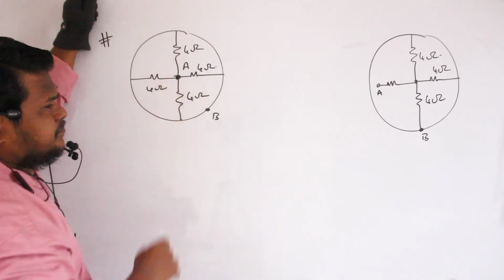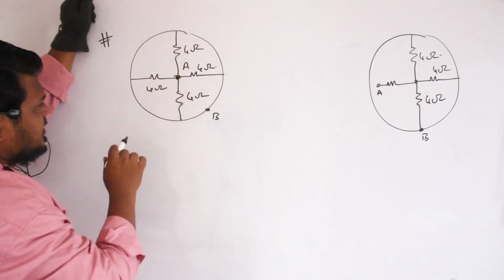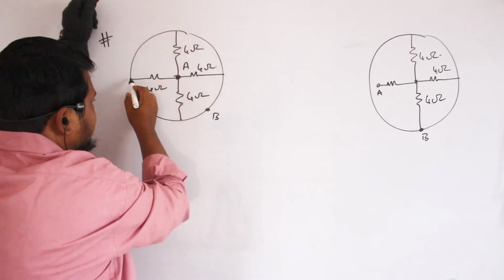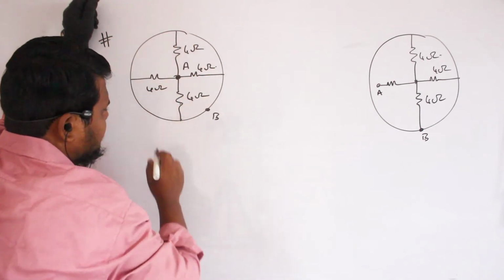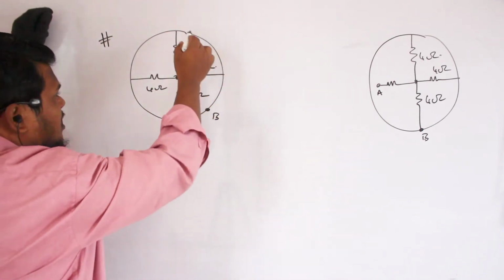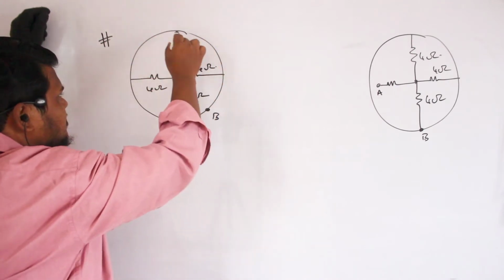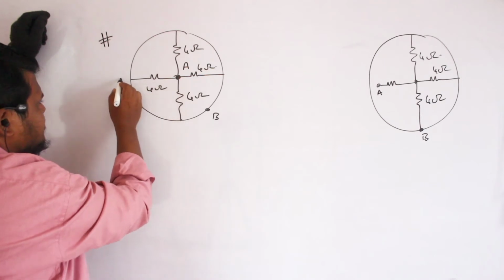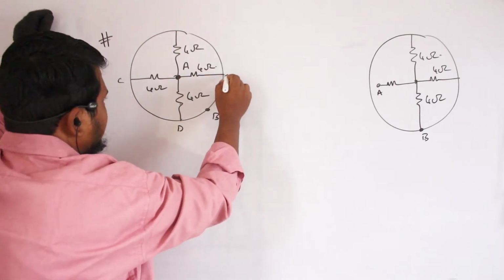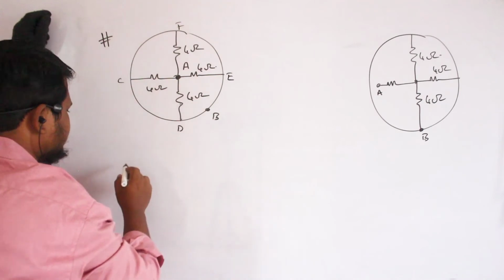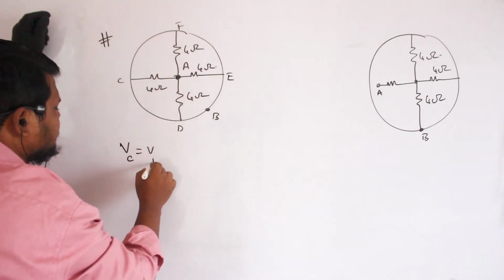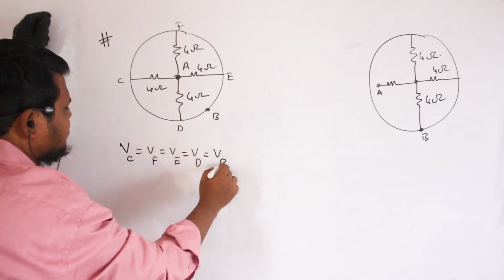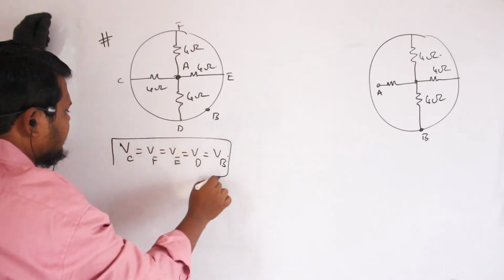If I name these C, D, E, and F, can I say potential at C equals potential at F equals potential at E equals potential at D equals potential at B?